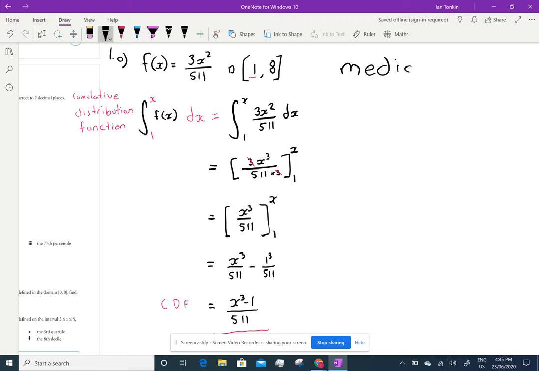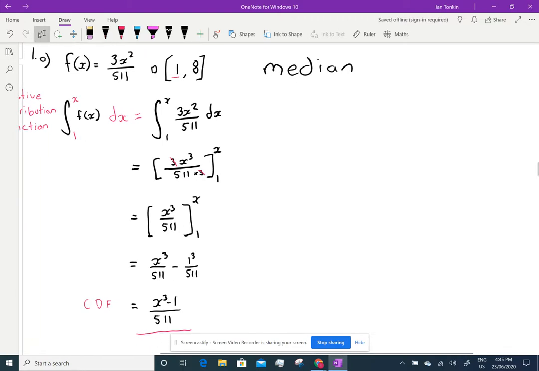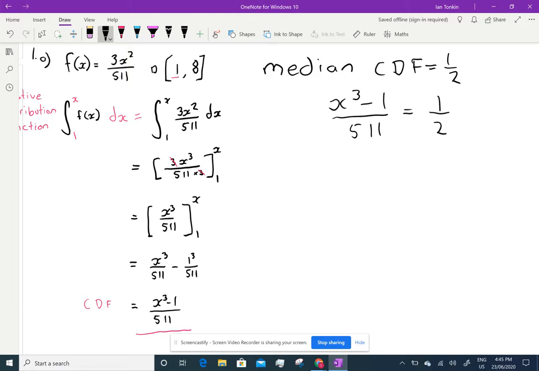Well, the median will be when the CDF equals a half. You can write a half or 0.5, it doesn't matter. So that means x cubed minus 1 on 511 has got to equal 1 on 2. I multiply the 511 across.